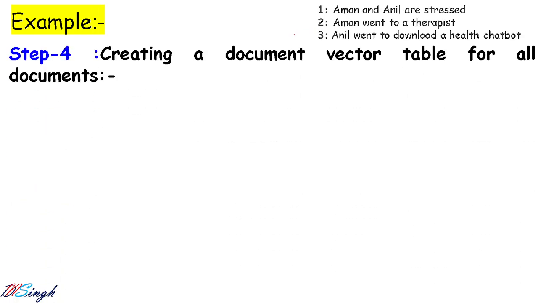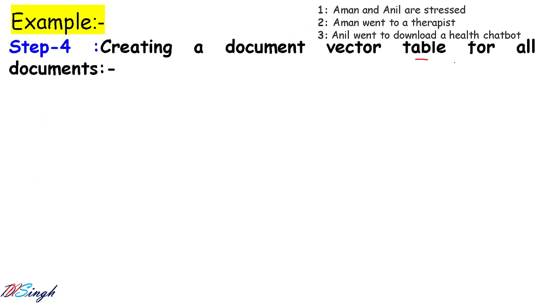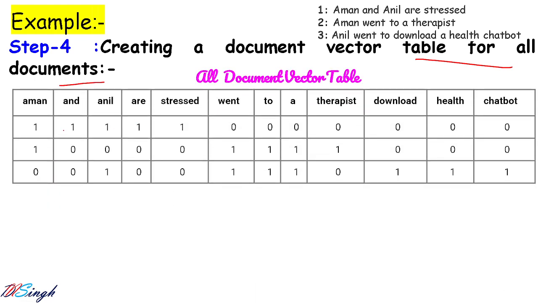So let us see the final document vector table for all the documents, and this is the table which we get. First we get Aman and Anil are stressed, so this is our first document. In the second document we get Aman went to a therapist.